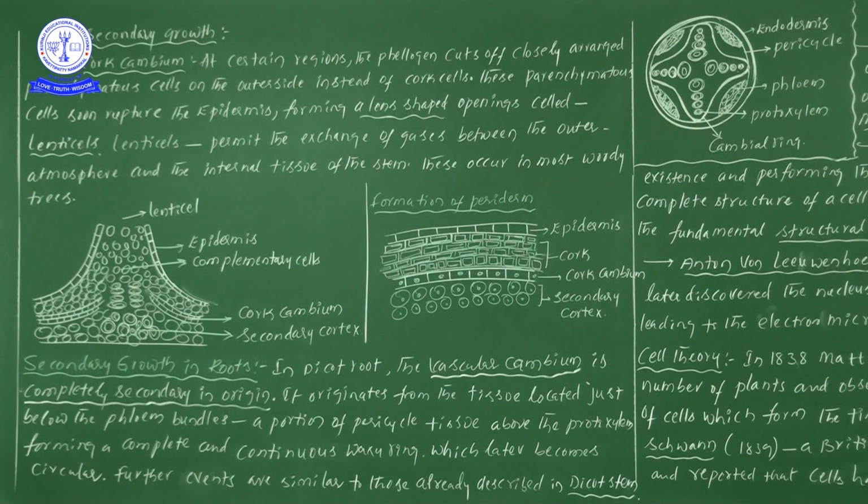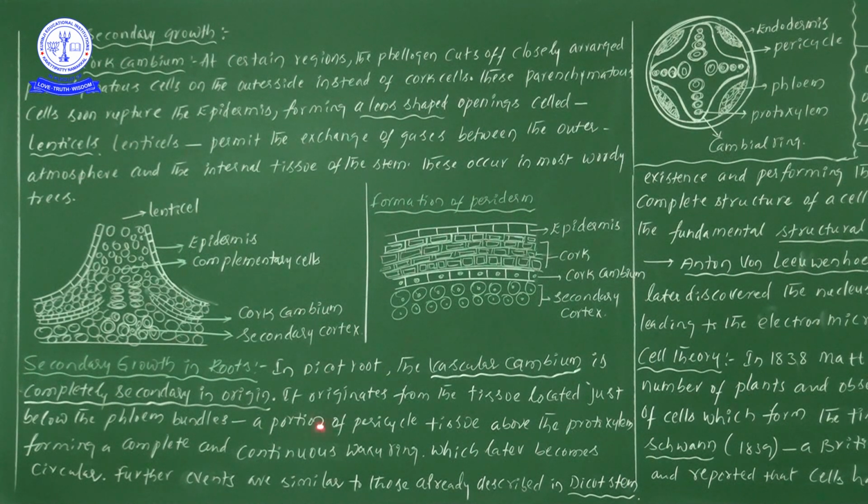Secondary in origin means that in normal structure, when the root is not undergoing secondary growth, we will not see the presence of cambium.